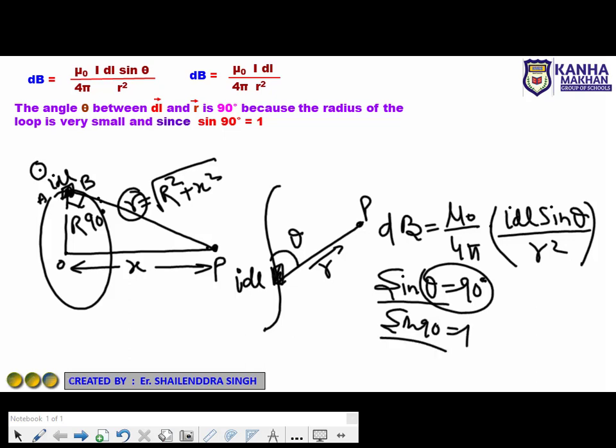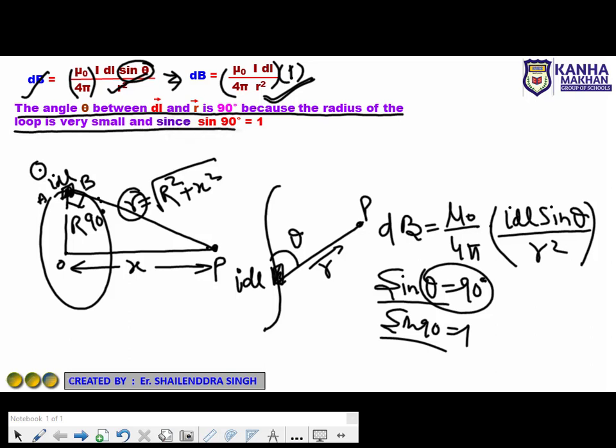So, we put the value in the Biot Savart law. dB equals mu naught upon 4 pi I dl sin theta by r square, and putting sin 90 as 1, the final formula is dB equals mu naught upon 4 pi I dl by r square. The angle theta between the dl vector and the r vector is 90 degrees, because the radius of the loop is very small, and sin 90 is always 1.